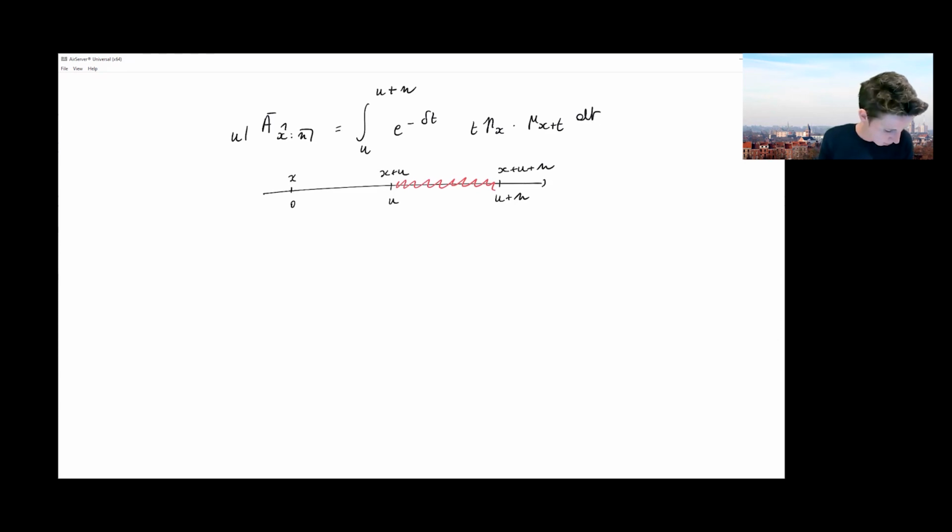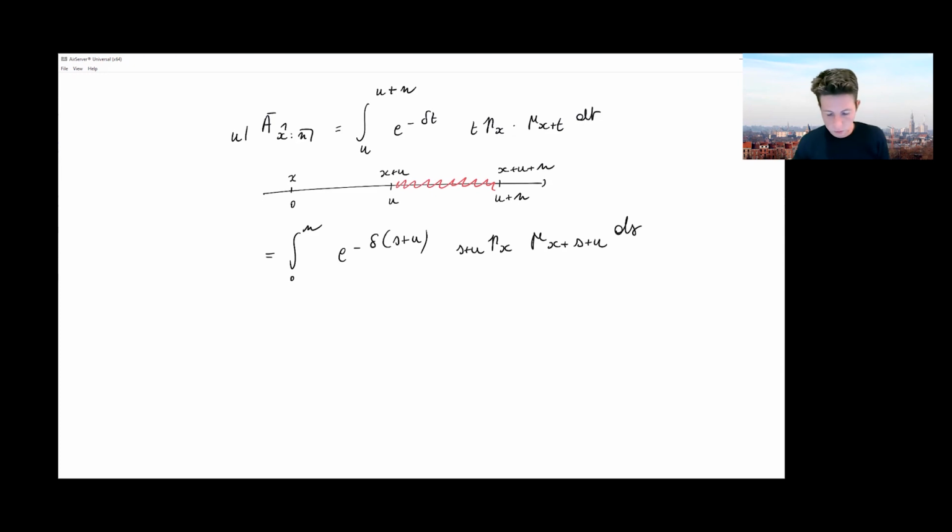And if we're now going to manipulate this integral a little bit, what we can do is rewrite it as such from 0 to n, and then we're going to do e to the power minus delta (s plus u), u+s px multiplied with mu x plus s plus u, and we let the s run from 0 to n, right?